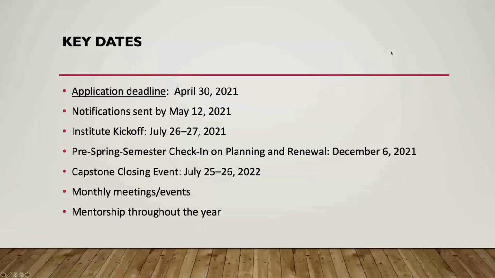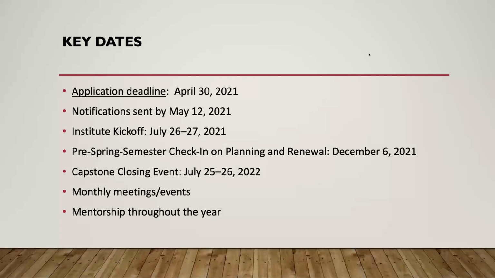So key dates, if this sounds interesting to you and your campus, the application date is April 30th. Notifications will be sent on May 12th or no later than May 12th. The kickoff will take place on 2 days, July 26th and 27th. There'll be a pre-spring semester check-in as a full group institute event on December 6th, and then a capstone closing event on the 25th and 26th.